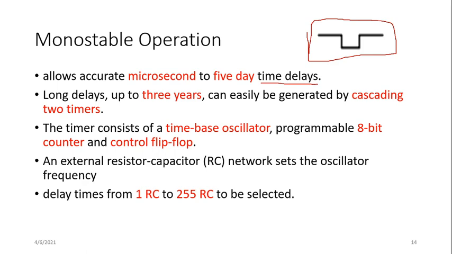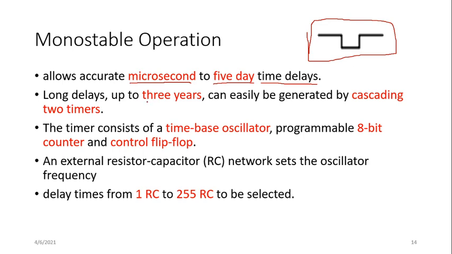Now, how does it work in the monostable operation? It can generate microsecond delay also, and it can generate the delay up to 5 days also. Means you can trigger anything after 5 days also using IC2240. Such a long delay can be generated by one single IC.